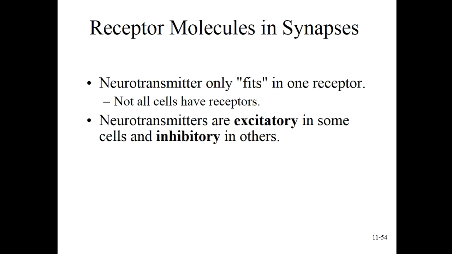The next concept we need to understand is that some of our neurotransmitters excite the postsynaptic cell, and others inhibit it. Excitatory neurotransmitters increase the chance that the second neuron is going to fire and that the signal is going to be sent on. Inhibitory neurotransmitters tell the postsynaptic neuron, shh, don't fire, don't pass the message along.